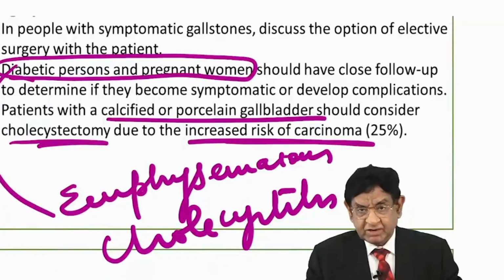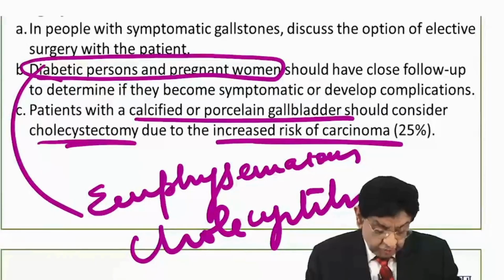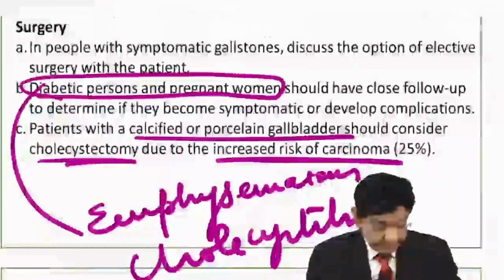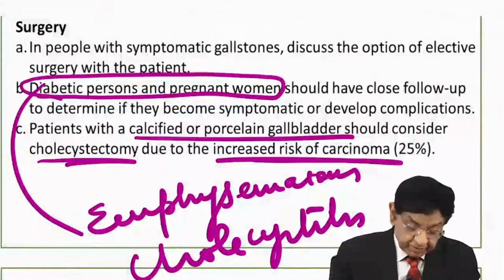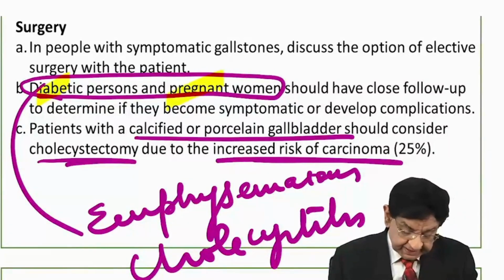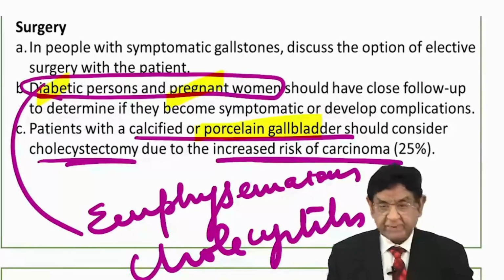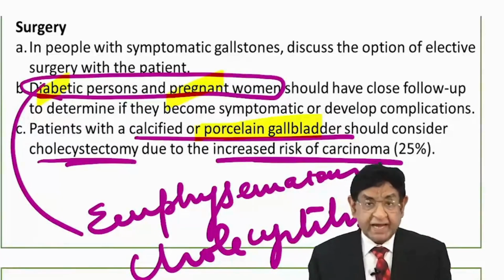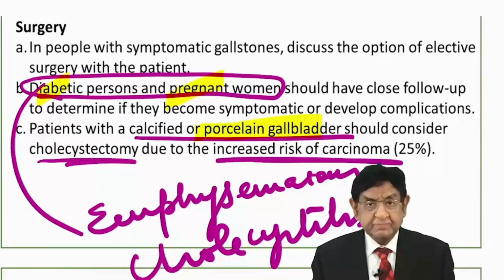Gallbladder cancer can develop in those patients who have a calcified or porcelain gallbladder. So the keywords to remember are diabetic, pregnancy, and porcelain gallbladder. Three keywords you have to remember. These three patients have no symptoms, but they need very careful follow-up.